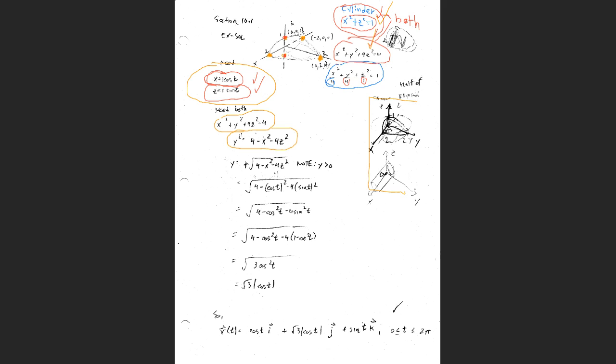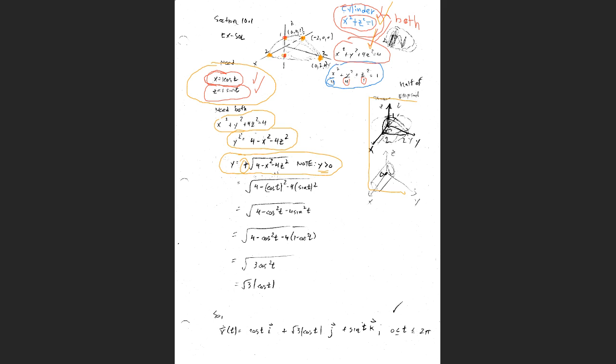But when I take the square root, I have a plus. Why is there just a plus? I thought when I took the square root I would get a plus or minus. It's because y is greater than 0. Good, Robin. We're only concerned about the right-hand portion of the ellipsoid.